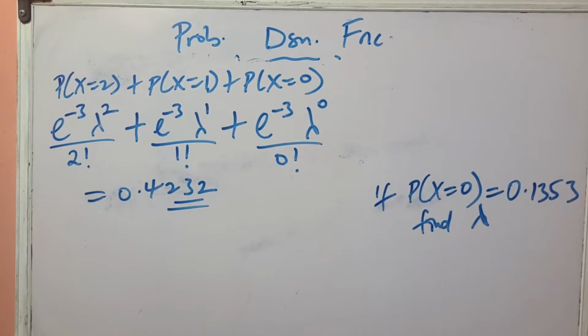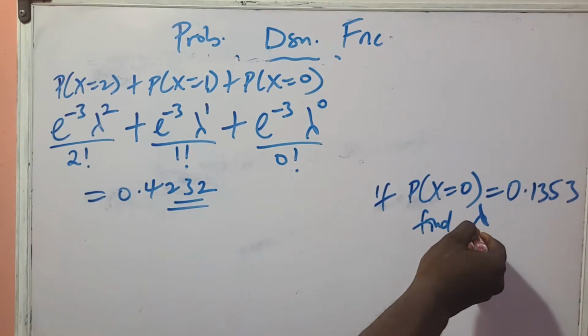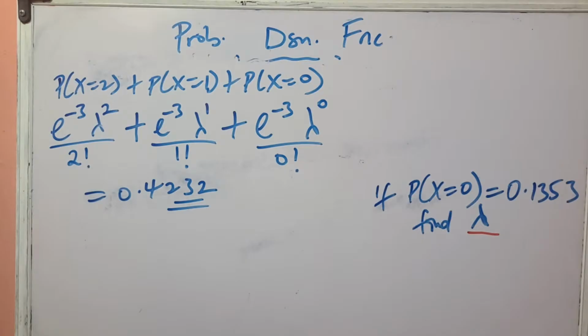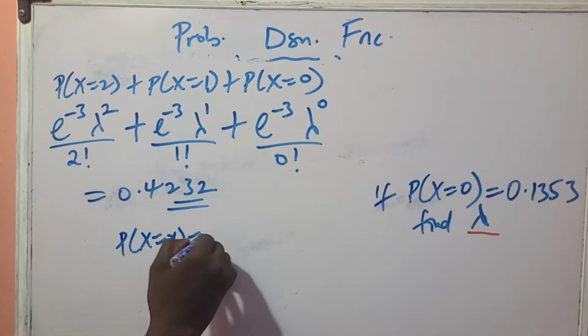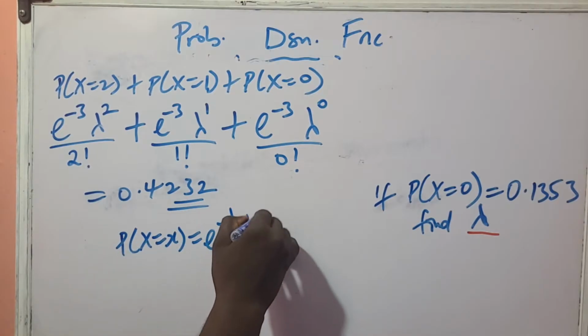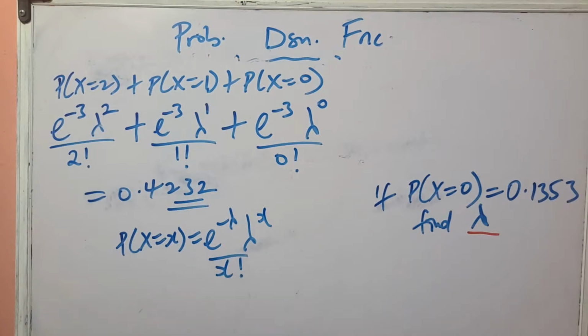So how do you solve this? Very simple. Once you have understood this, when you see lambda here, you obviously know that this is a Poisson distribution, and you know that the PMF is given as the probability of x equals e raised to power minus lambda, lambda raised to power x, over x factorial.